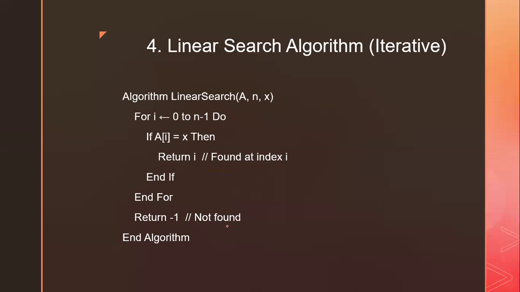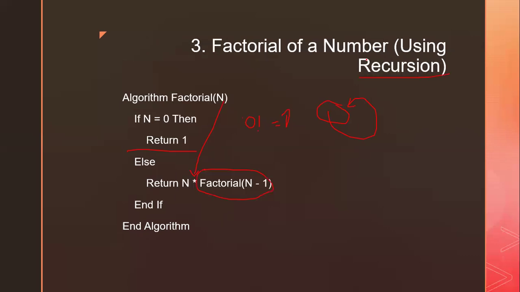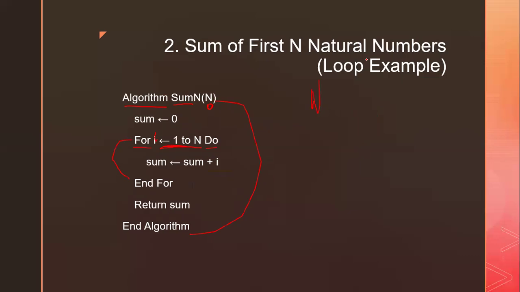With that being said, we also have a linear search algorithm, which is an iterative algorithm. How can we do this? Let me try to represent this. Here we have our initial part, then we have our condition statements.